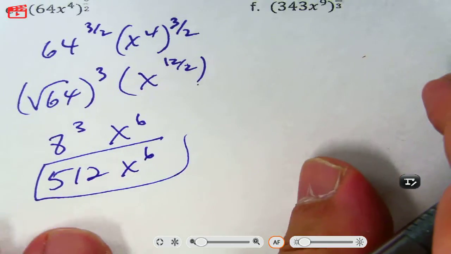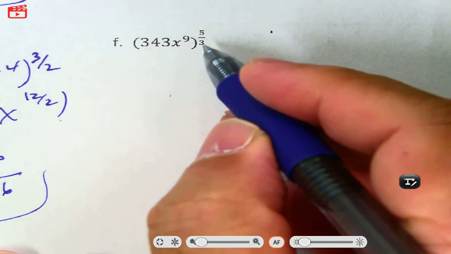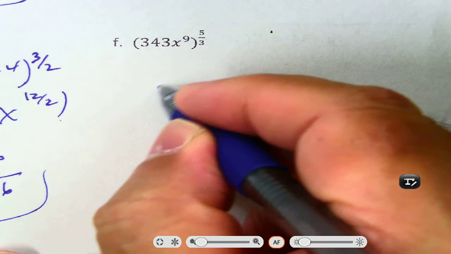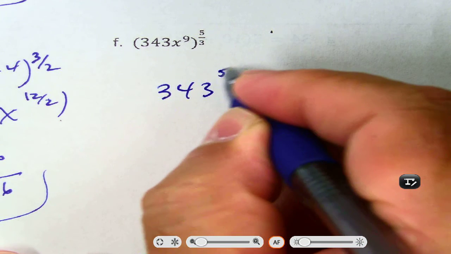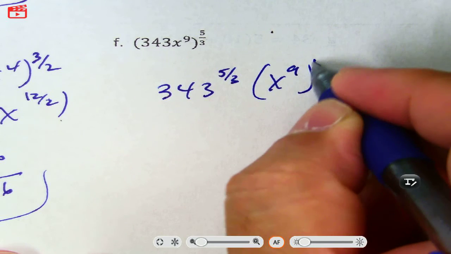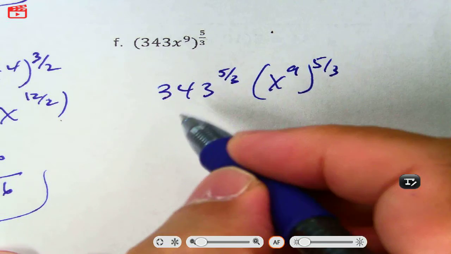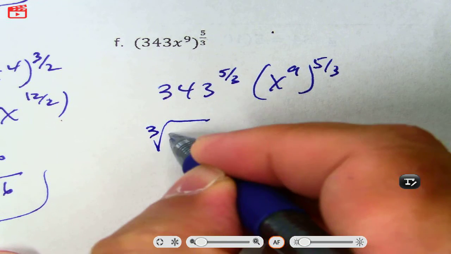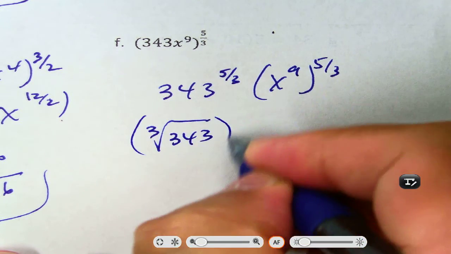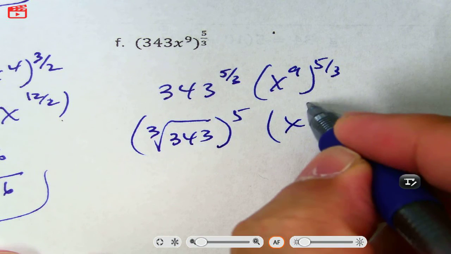All right, F. 343x to the 9th, to the 5/3. So I'm going to distribute that 5/3. So it's 343 to the 5/3. X to the 9th to the 5/3. All right, so 343 to the 5/3. So that same thing is cube root of 343 raised to the 5th. Here, multiply the fractions. So it's 45/3.